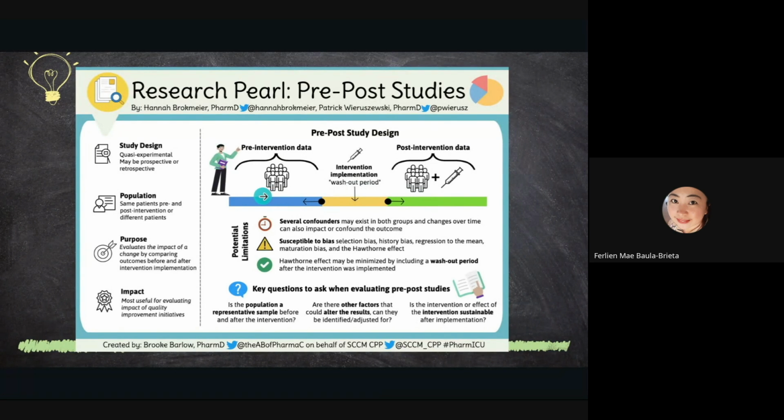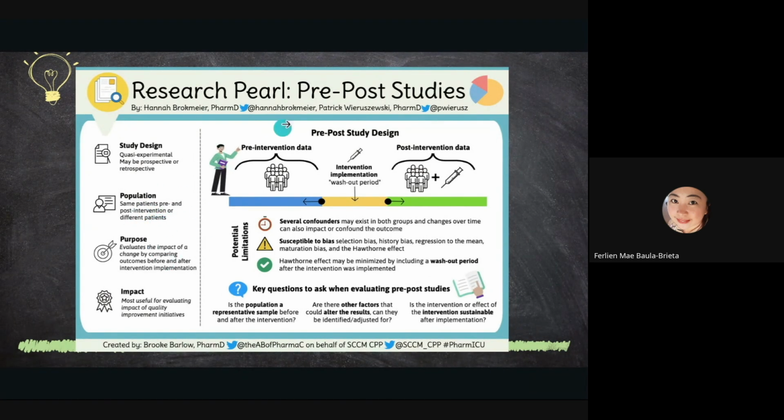You will just take note of the pre-intervention data, then do the washout, and then you will do the intervention. And you will compare the pre and post data and the results. You will analyze the pre and post intervention data among the patients with their different backgrounds.